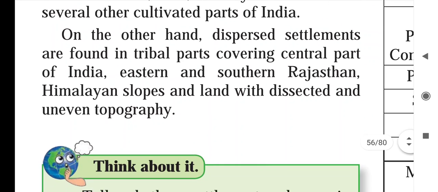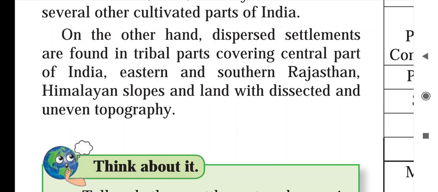On the other hand, dispersed settlements are found in tribal parts covering the central part of India. Dispersed settlement means houses are away from each other. In the tribal parts of central India, we can find dispersed settlement. Also in eastern and southern Rajasthan, Himalayan slopes and land with dissected and uneven topography.